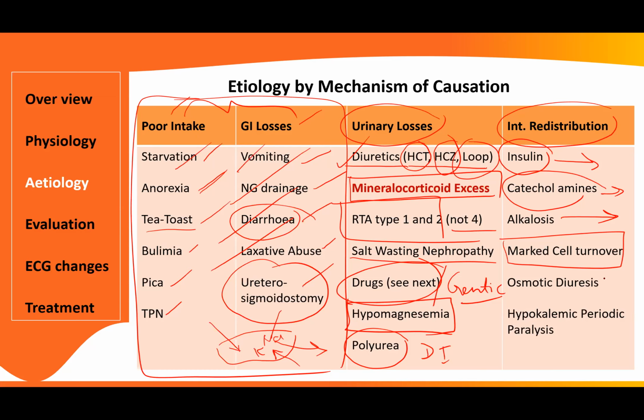Osmotic diuresis, presenting osmotic substances into the distal tubule, like hyperglycemia, ketones, hypertonic mannitol, all those things can produce internal redistribution, not at the kidney level, but at the cellular level also.